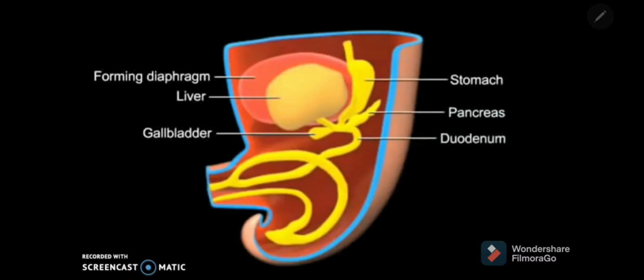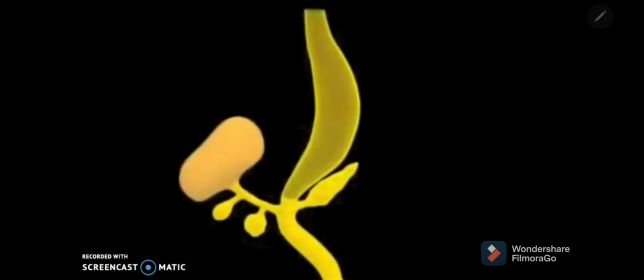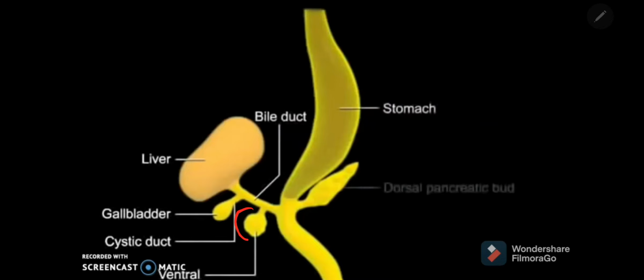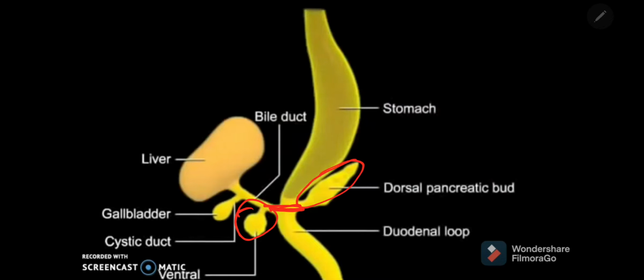Before that, you should remember how the structures are located there, and you can see the development here now. This is the ventral pancreatic bud, this is the dorsal pancreatic bud. The ventral pancreatic bud comes at the junction between foregut and midgut. The dorsal pancreatic bud comes from foregut. So you can notice there, this is the hepatic and cystic bud. So the ventral pancreatic bud is in close relation with the hepatic bud and cystic bud.